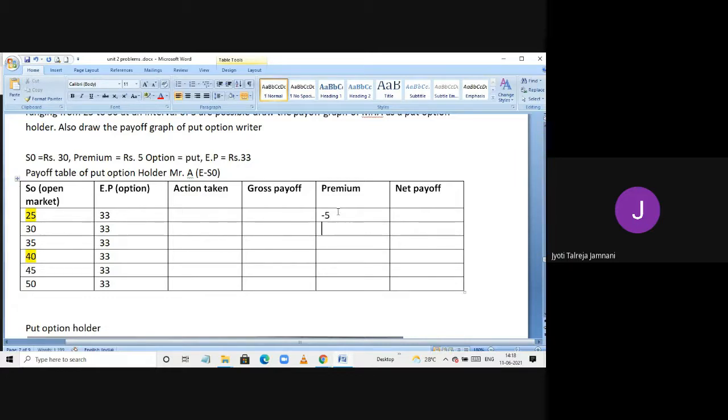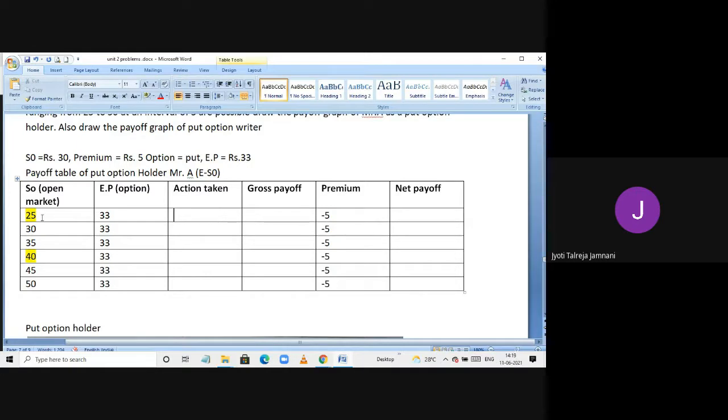Any option holder will pay the premium because he gets the right to decide whether he wants to buy or he wants to sell. In case of put option, he'll get the right to decide whether he wants to sell. Now we'll see what is the action taken by Mr. A. So here let's understand logic wise.